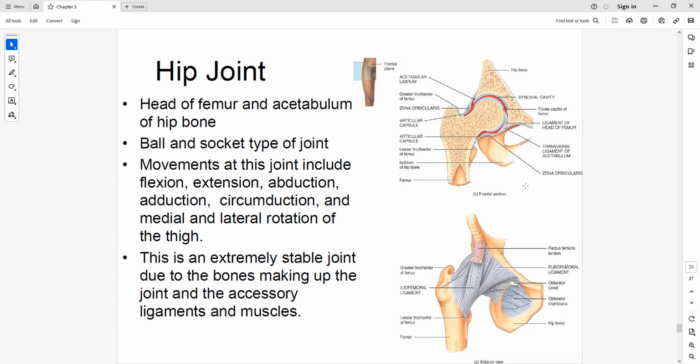Remember, we had ACL and PCL in the knee joint. Well, here's a ligament that keeps the head of the femur attached to the coxal bone. So our femur has 2 of these types of ligaments, one on each end.